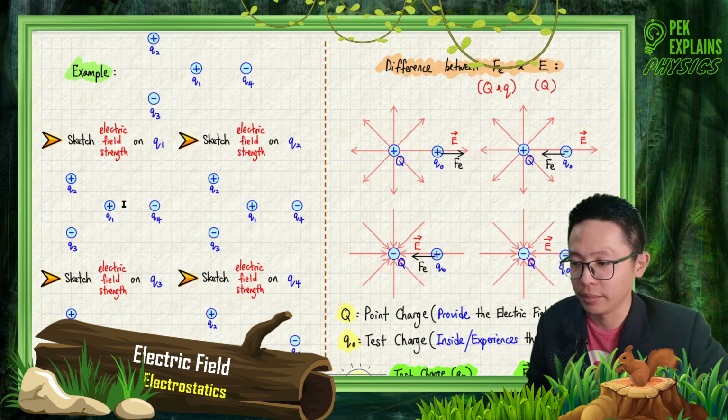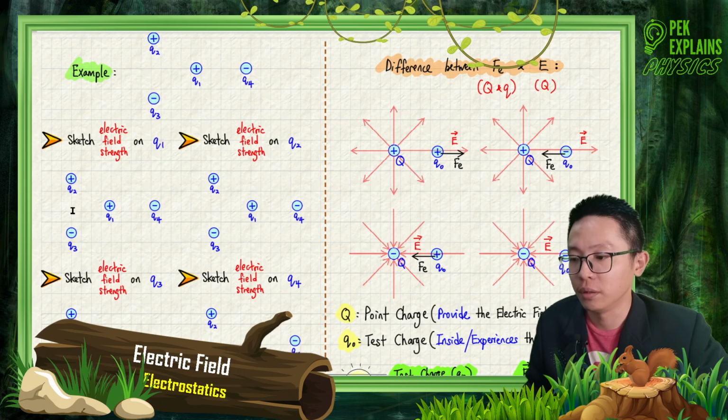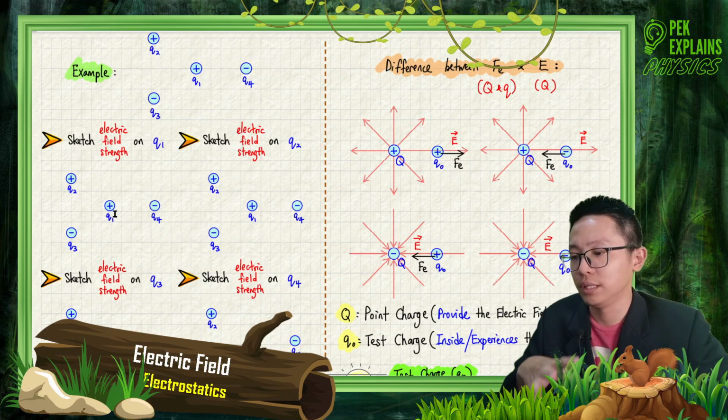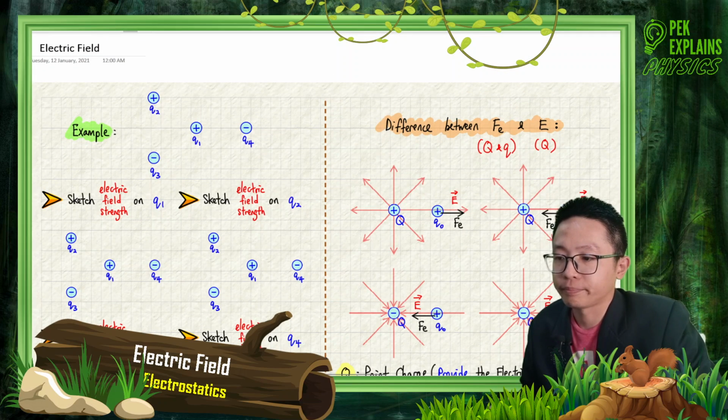Experienced by Q1 means Q1 is inside the electric field of Q2, Q3, and Q4. Actually, all four charges give out their own electric field. Maybe I should draw it over here.